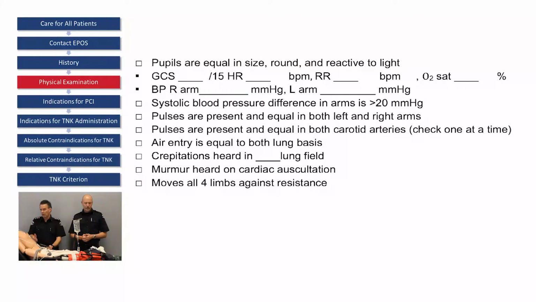Yeah, thanks, John. So we're going to start off with the pupils. Are they equal in size, round, and reactive to light? We do want to do a full set of vital signs, and we are looking at the blood pressure in both arms. Our concern is if there's a blood pressure in one arm or the other that is greater than 20 millimeters of mercury, and we want to make sure that the pulses are present and equal in both the left and right arms.